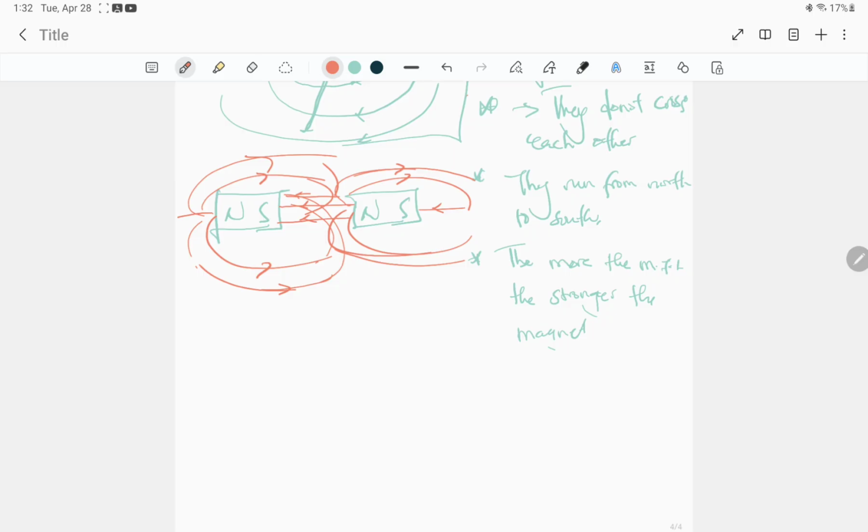The lines will be moving from north going to south.